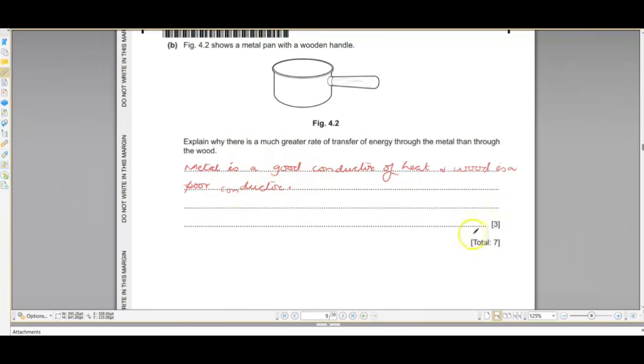This explains the phenomena, but there are 3 marks to it. So you should also write why metal is a good conductor of heat and why wood is not a good conductor. ठीक है?